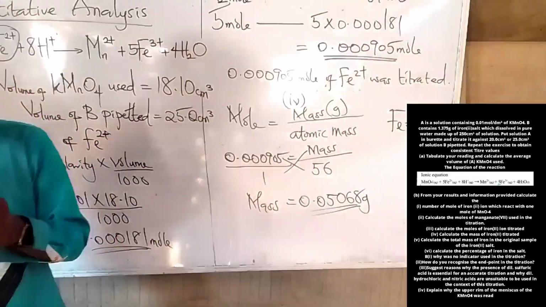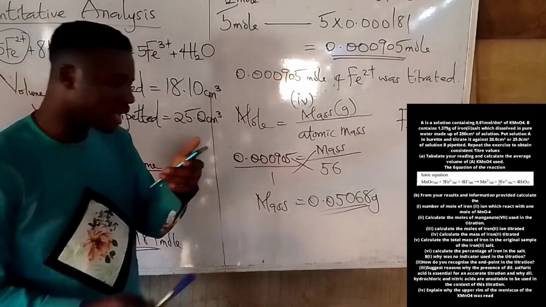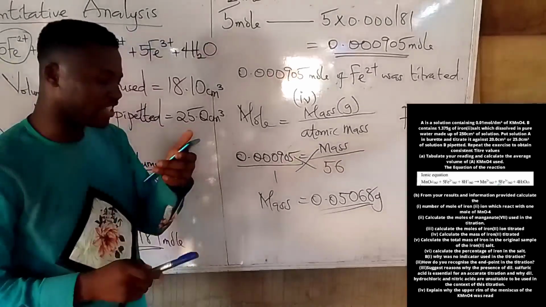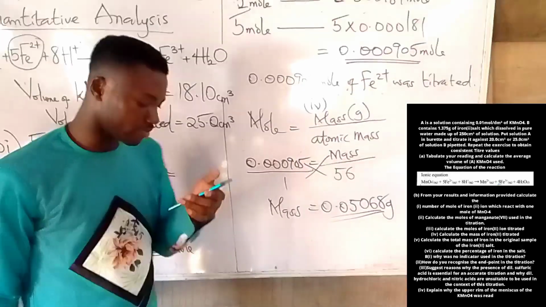So what's the next question? The next question says, calculate the total mass of iron in the original sample of iron 2 salt.